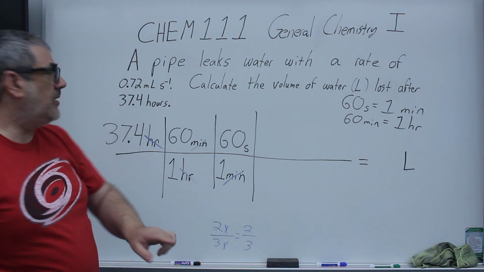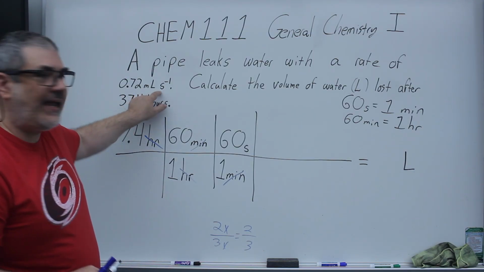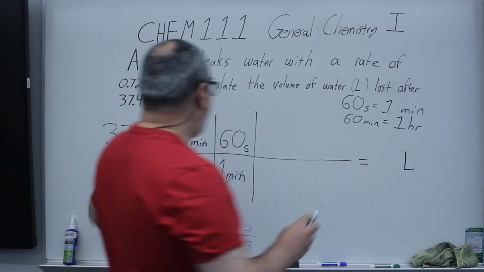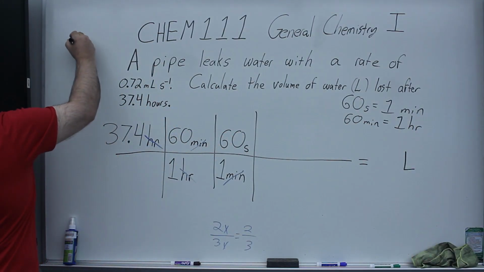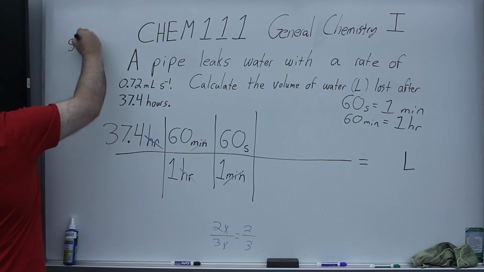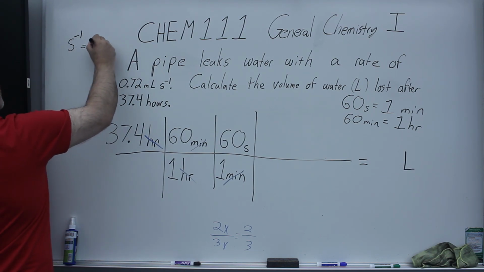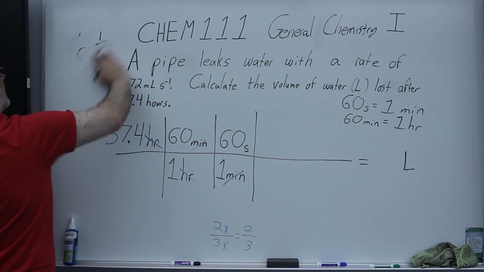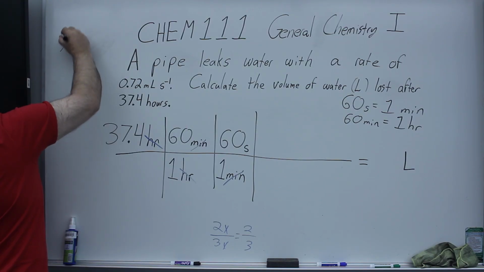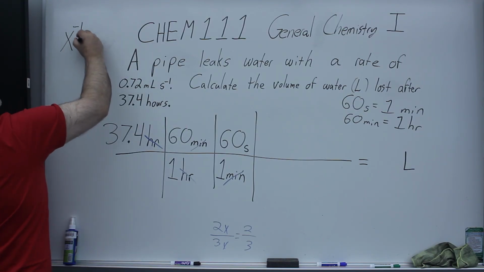Now, one thing I didn't mention, milliliters per second. What does that second to the minus 1 mean? If I have x to the minus 1, it's 1 over x. Actually, let me make that x, so keep it very generic.